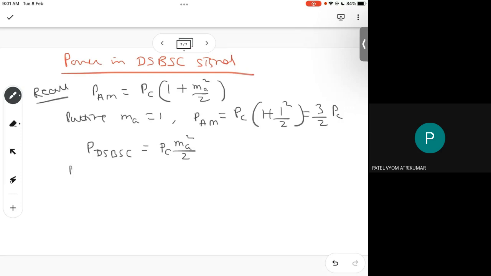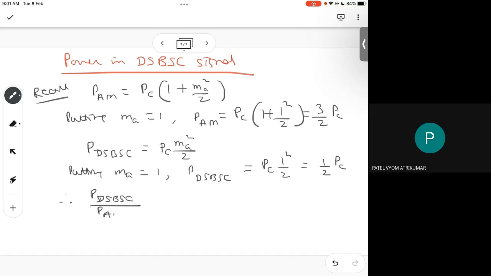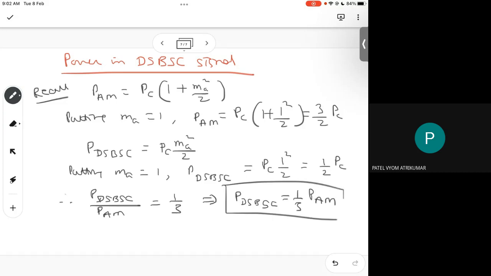And if I put m equal to 1 here, P_DSBSC becomes P_C times 1 squared by 2, that means half of P_C. Therefore, P_DSBSC over P_AM turns out to be 1 by 3, or P_DSBSC is equal to 1 by 3 of P_AM. So that is the main advantage we are getting.